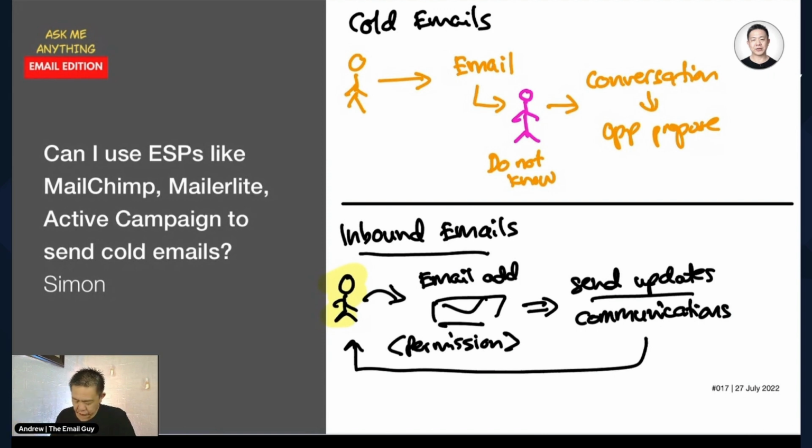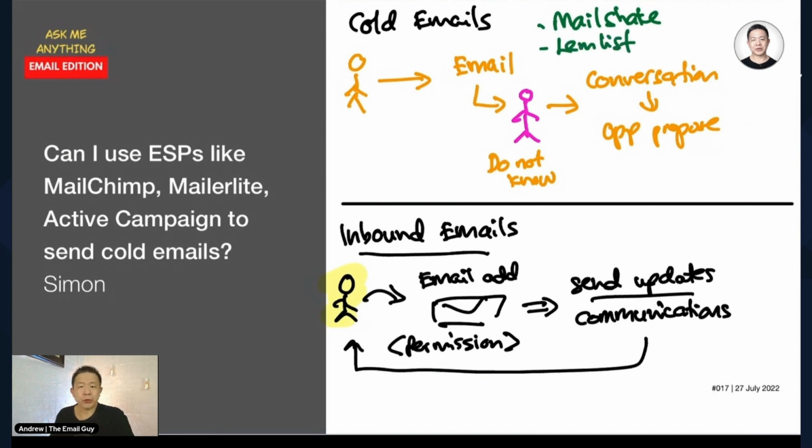So when you do this, you should be using a specific tool. You can use a tool like Milkshake, right? Well, at the moment I can think of Milkshake. The other one is Lemlist.